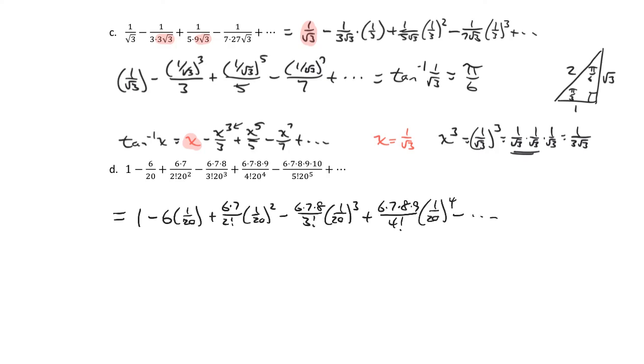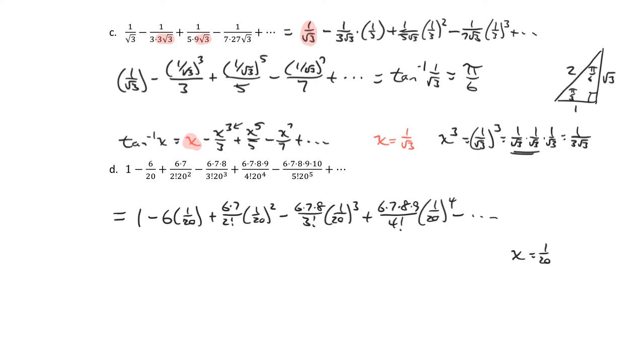It looks like the thing that we're raising to a power is 1/20th, so we'll let x be 1/20th. And I'm going to do something else that's kind of oddball. This is the weird one. This is the binomial series. In the binomial series, that's the only one where we build up having extra factors in the numerator.